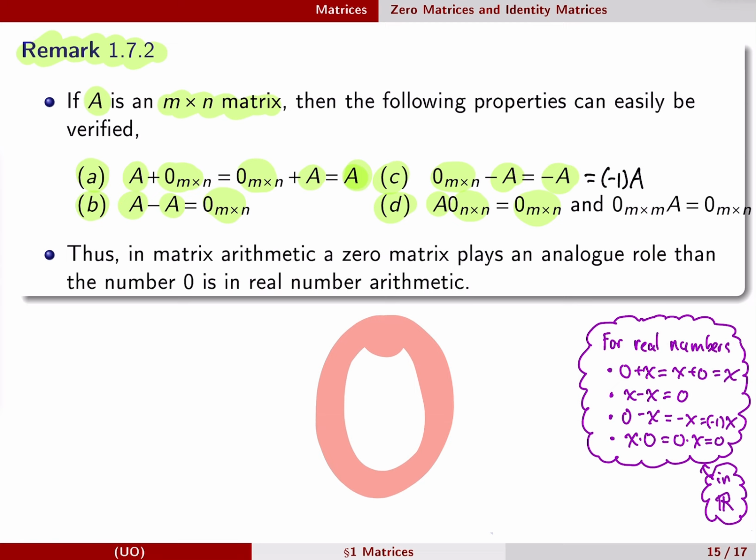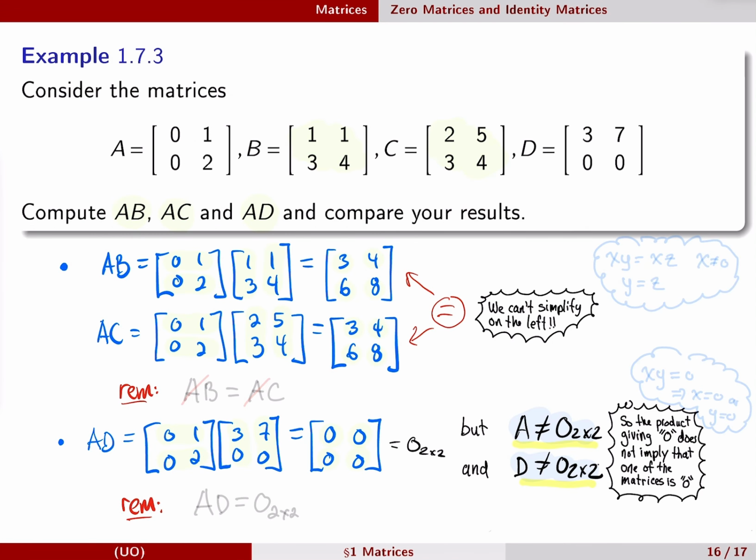If you multiply A by a zero matrix where the multiplication is defined, you're going to get a matrix filled with zeros. So really, the zero matrices are the equivalent in the universe of matrices of the number 0.